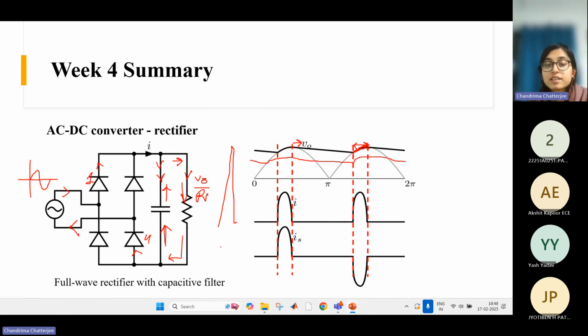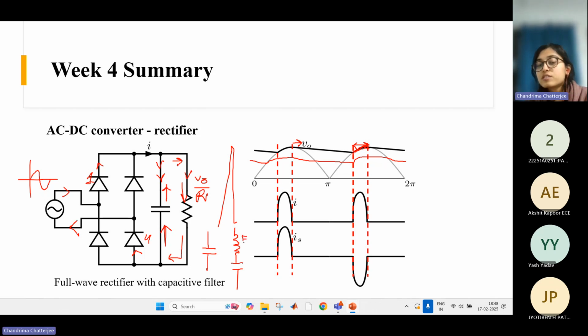This is our ideal capacitor, a pure capacitance, with no power dissipation at all. But actually, there is a series resistance in series with this capacitance, which we call ESR, equivalent series resistance.